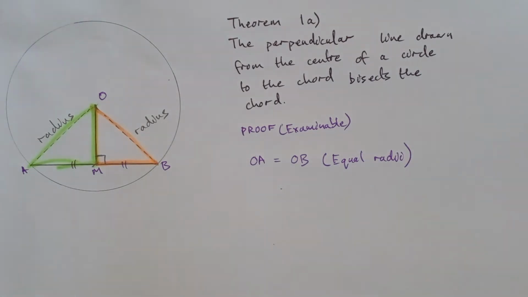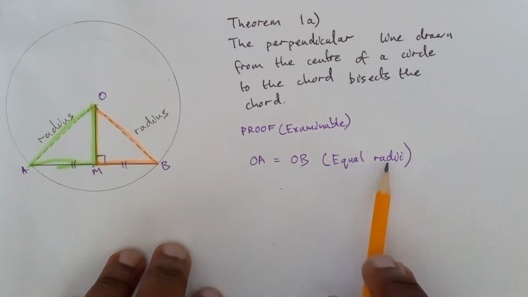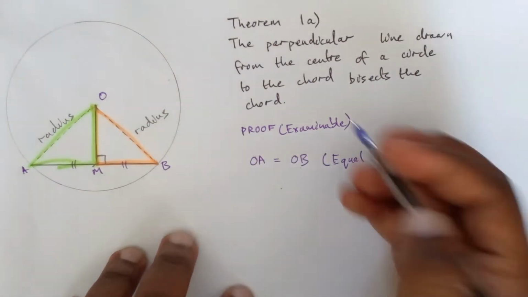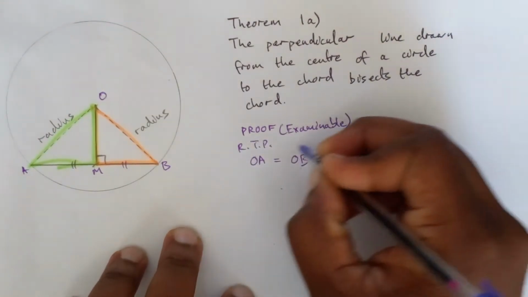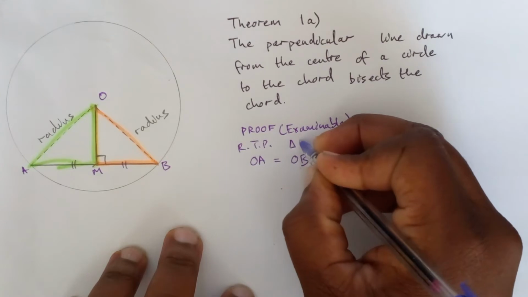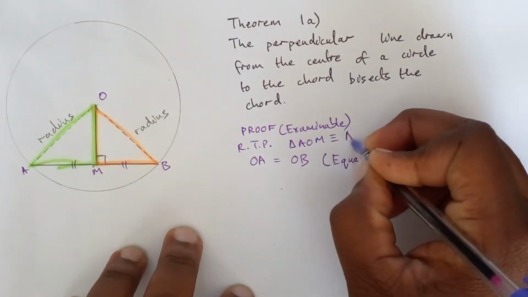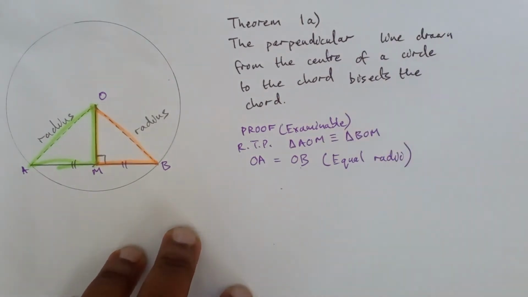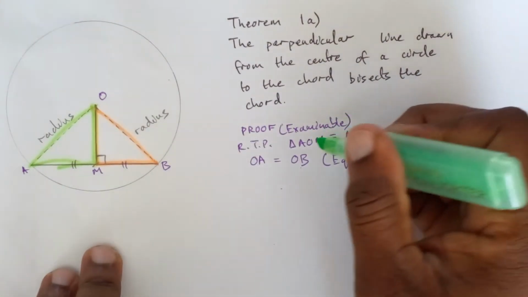All right, so we just found that OA and OB are the same because the radii are equal. Right, now what were we trying to do actually? Actually, we were trying to prove that the triangle AOM is supposed to be congruent to the triangle BOM. Okay, so which triangle? Well, this triangle AOM, this one there, right?